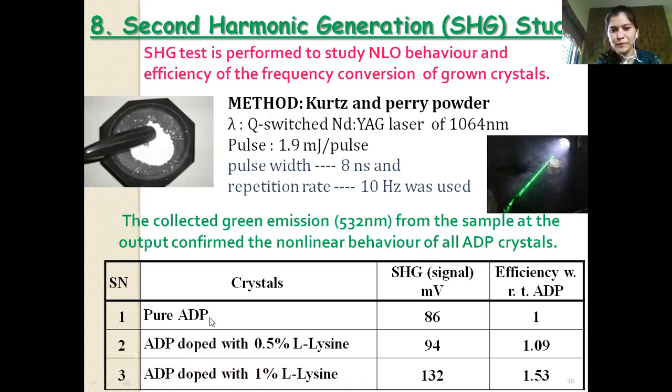If we compare the SHG efficiency of our doped crystals with pure ADP, we found that the 1% lysine doped ADP has the highest NLO coefficient, 1.53 times that of pure ADP. So here I have done with all the properties.